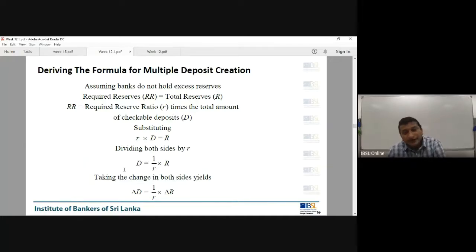So you can juggle with these numbers compared to the previous slides, or you can create a different reserve ratio, not 10, you can make it 5 and do the exercise. You can use an Excel sheet and work through it to make yourself comfortable with that arrangement. So this is nothing but the simple deposit creation formula.